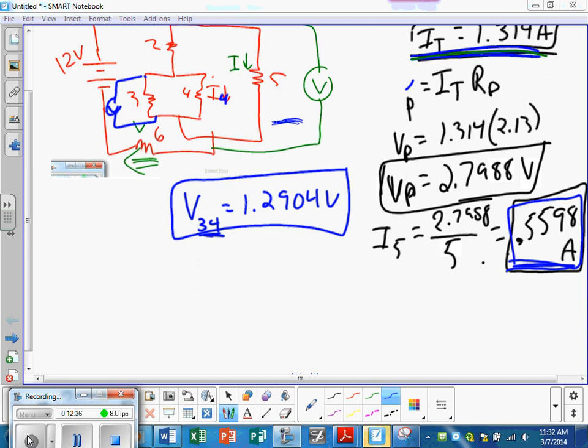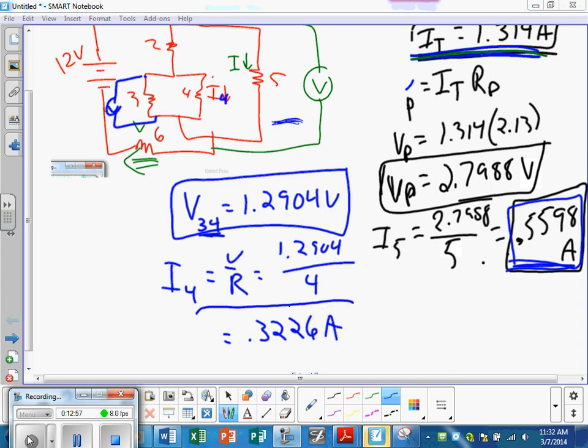Current through the 4 ohm resistor is volts divided by the resistance, 1.2904 divided by 4, or 0.3226 amps. And there's our final answer. Hopefully that helps you understand these types of problems.